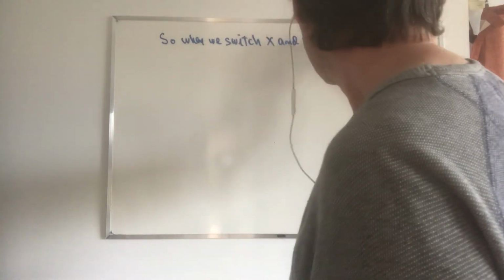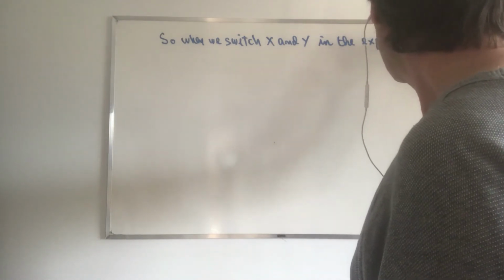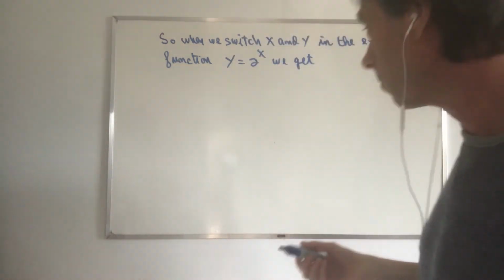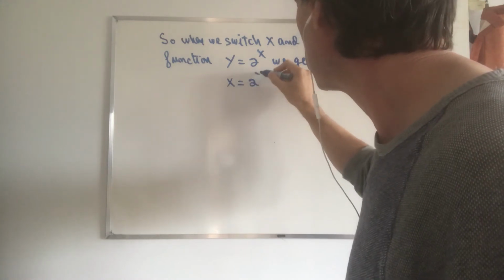So when we switch x and y in the exponential function y equals 2 to the x, what happens when we switch the x and the y here? Well, we get x equals 2 to the y.